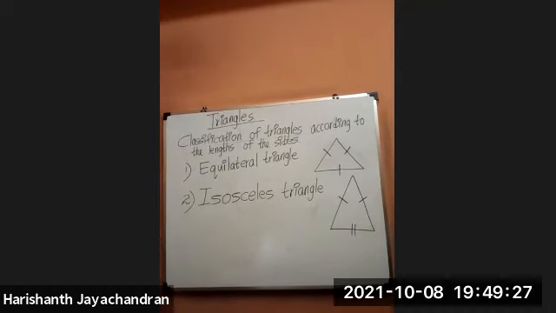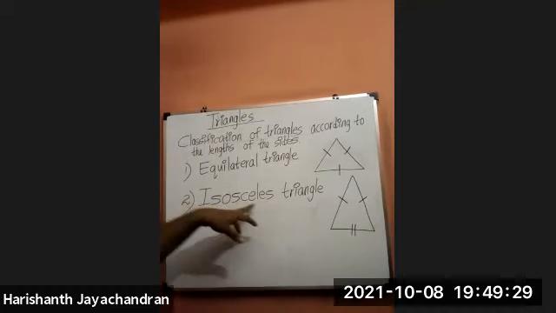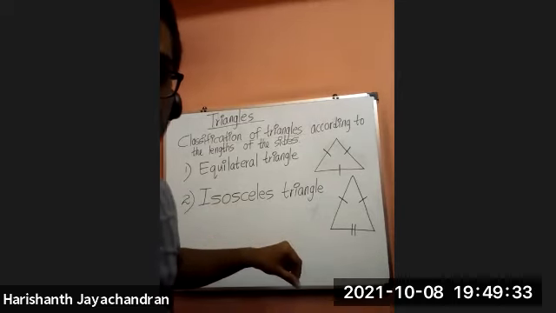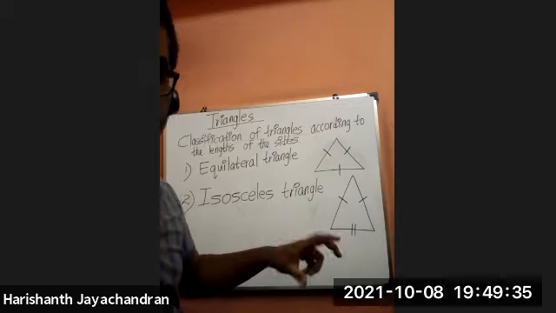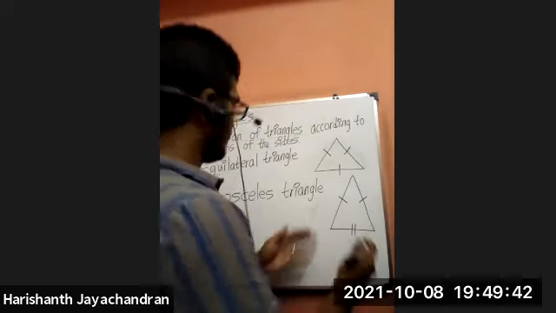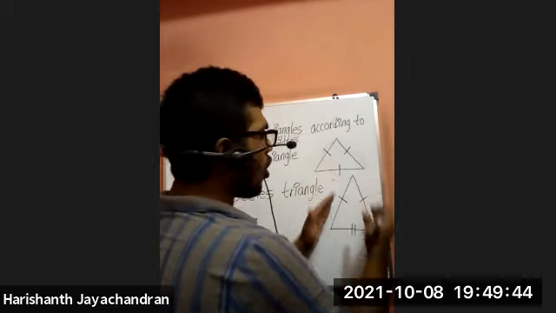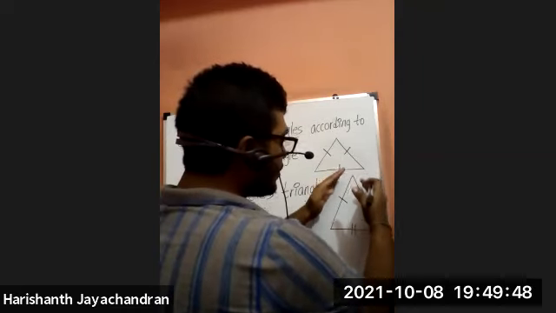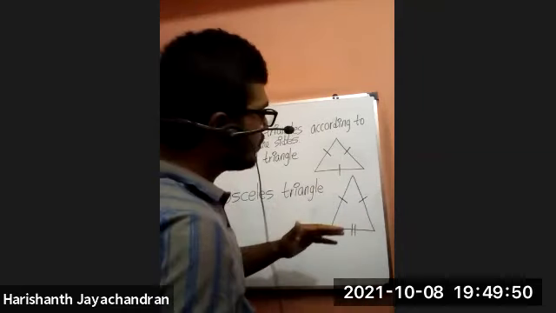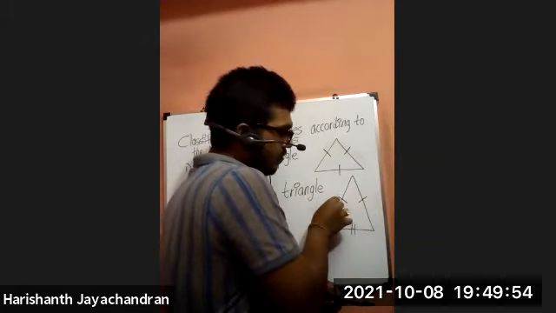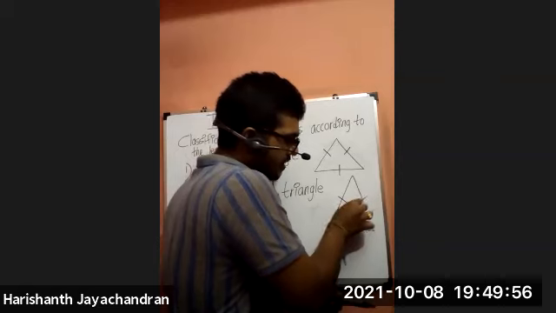What I was about to say is regarding why do we put double lines. Isosceles triangle means only two of the sides are equal, right? These two sides are equal, so I marked a single line on these two.